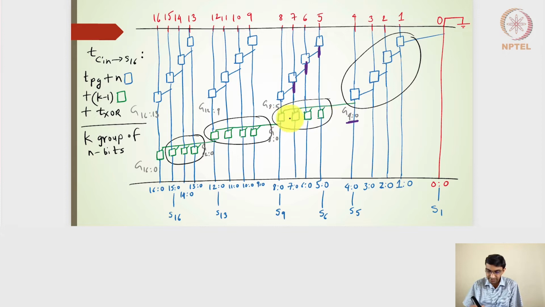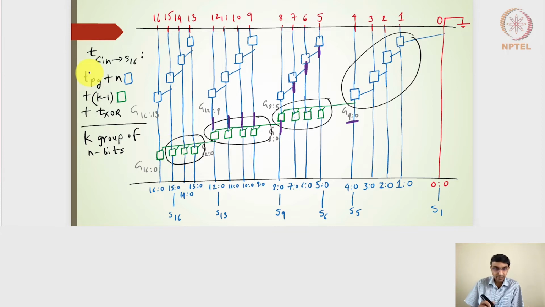All these AND and OR gates are represented as the green boxes. The moment G4:0 is available, we will generate all of them, 8:0, 7:0, 6:0, and 5:0 at the same time. Similarly for the other groups, 12:9, 11:9, 10:9, 9:9 are all made available. The moment G8:0 is available, we will generate 12:0, 11:0, 10:0, and 9:0. Similarly for the last group also.